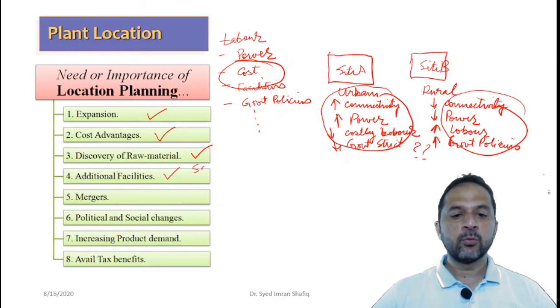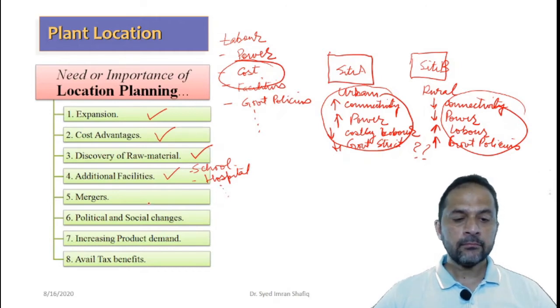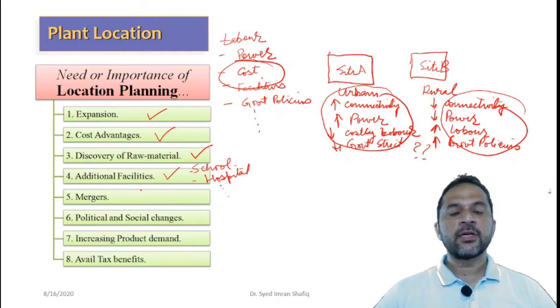For example, are schools there or not, are hospitals nearby or not, and other facilities like that. If you want to merge with some industry, or if certain work requires you to work in collaboration, whether the merger is possible or not. What are the political and social situations in that region?